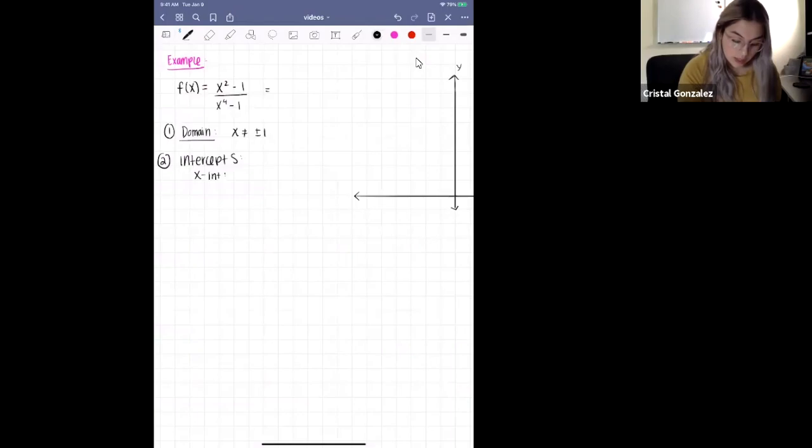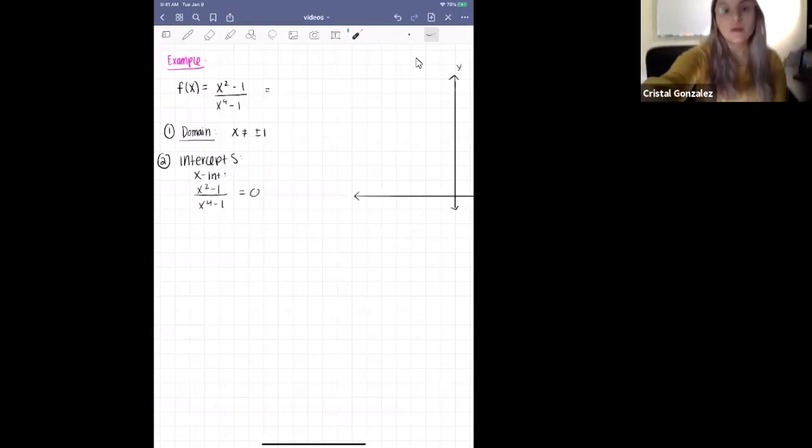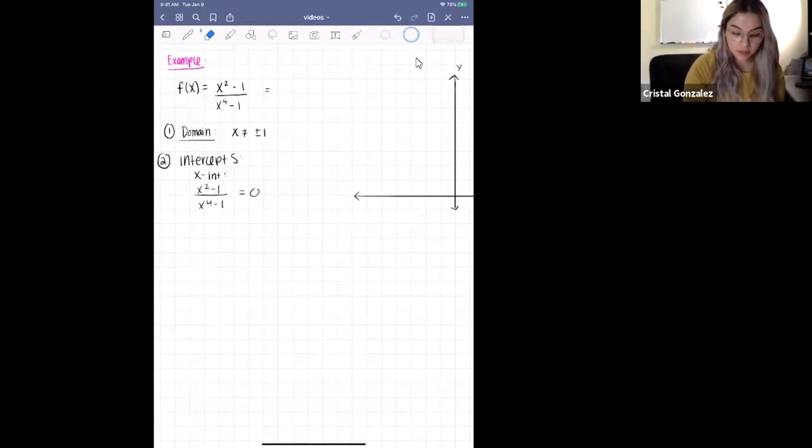So we're going to set x squared minus 1 all over x to the fourth minus 1 equal to 0. And so the only thing that's going to cause this being 0 is if we have the top equaling 0. So if I set the top equal to 0, notice that I'm going to get x equals plus or minus 1.